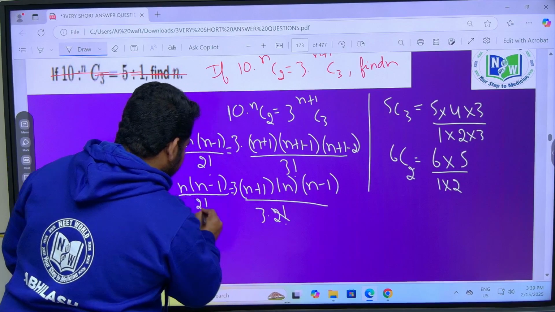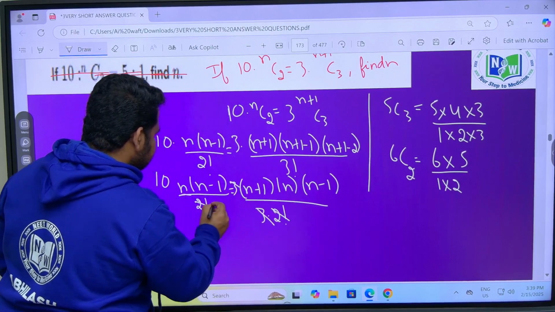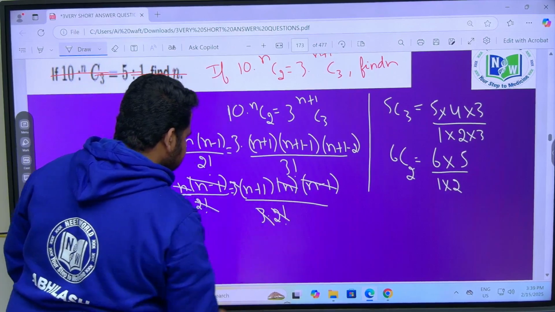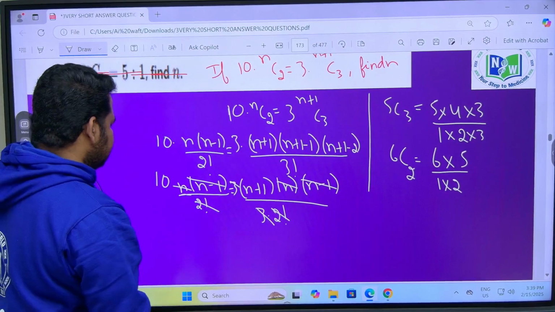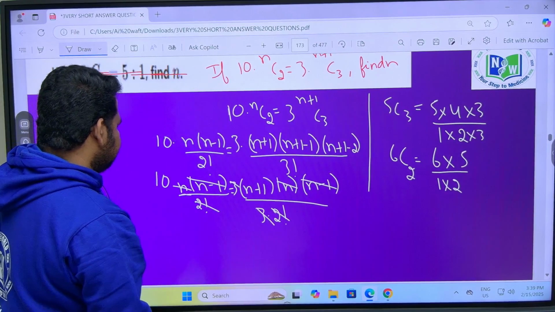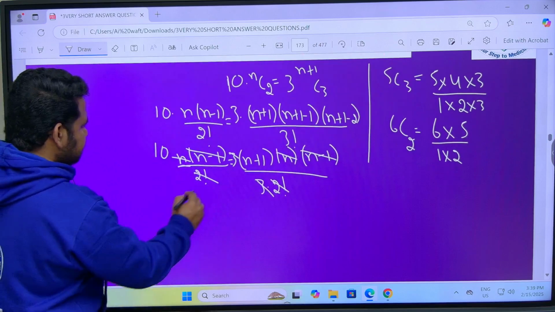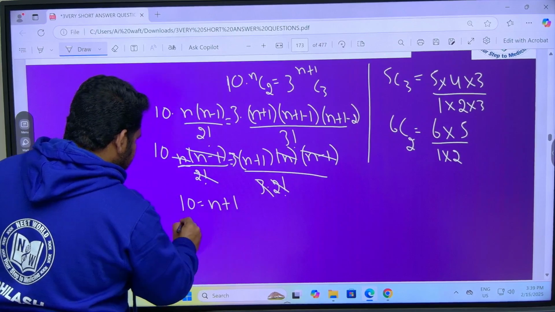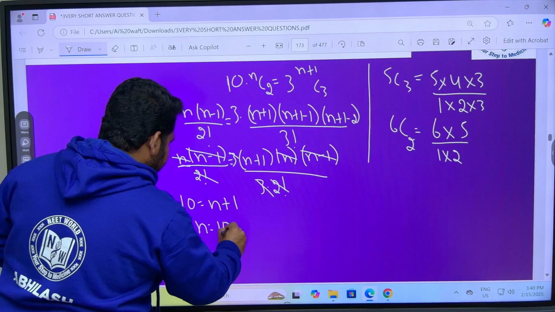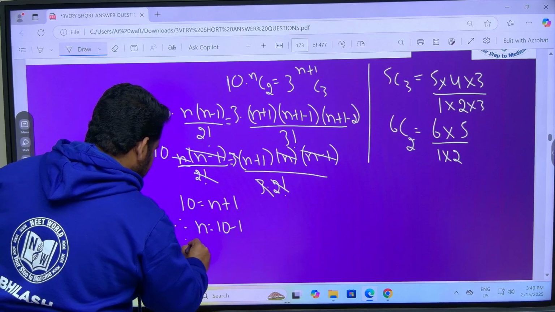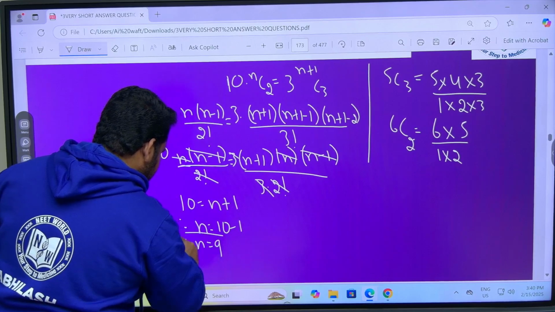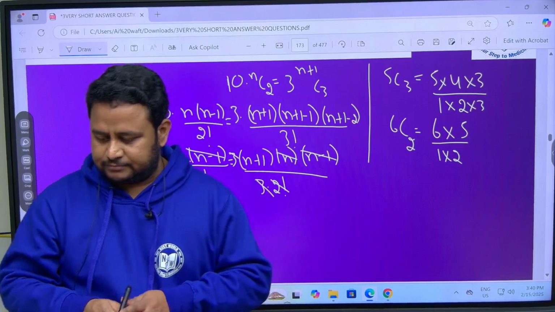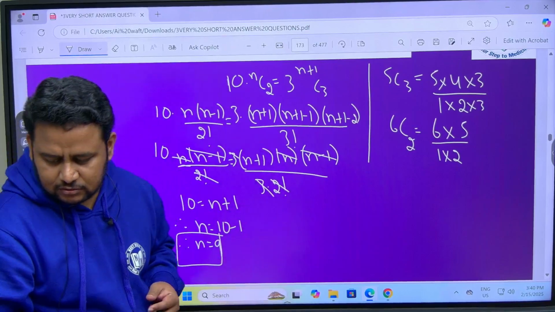So 2 factorial cancels, 3 cancels, n minus 1 cancels, and n and n cancel. So I am left with only 10 is equal to n plus 1. Therefore n is equal to 10 minus 1, the value of n is equal to 9. Okay, this is calculative, but it's a very simple question. Got it, friends? The value of n is equal to 9.